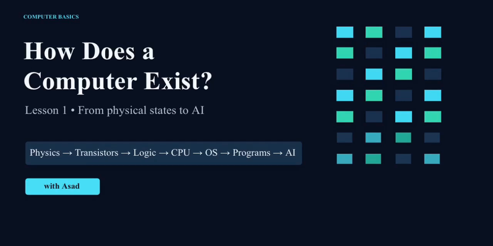In layer 2, we have electronic devices: physical materials are engineered into transistors, capacitors, wires, and memory cells. In layer 3, we have digital logic: electronic devices form logic gates, adders, multiplexers, latches, and counters.